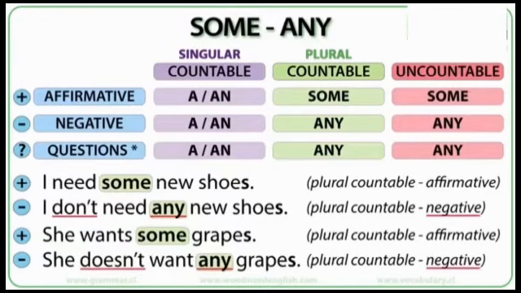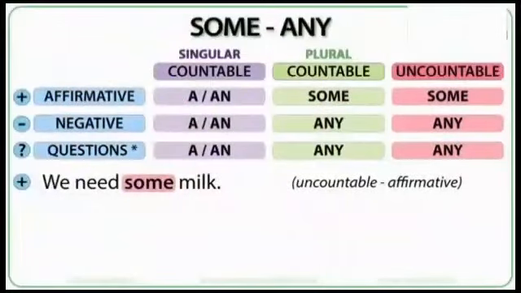Now we have only seen countable nouns. With uncountable nouns, we also use some or any. The same rules apply: some for affirmative sentences and any for negative sentences. Some examples of uncountable affirmative and negative sentences.